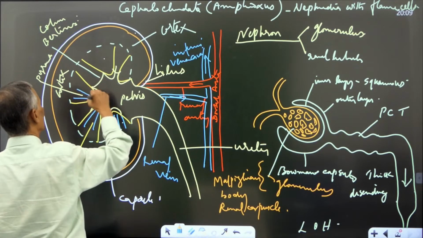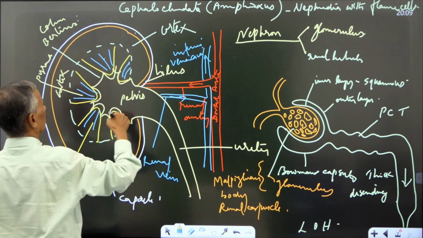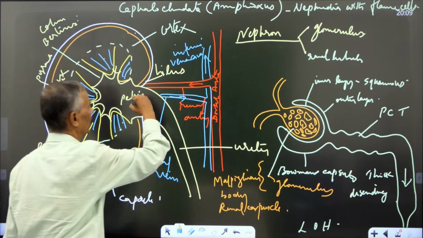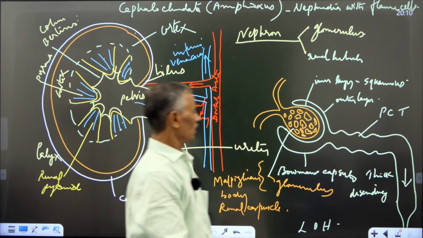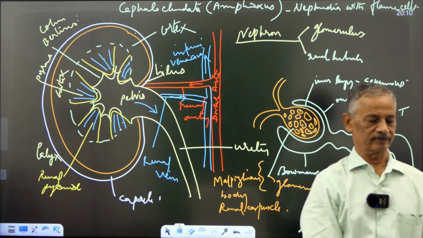And urine is brought to the pelvis through them. Now urine is dropped into the pelvis and the pelvis opens to the ureter, and urine is thus taken away through the two ureters to the urinary bladder.